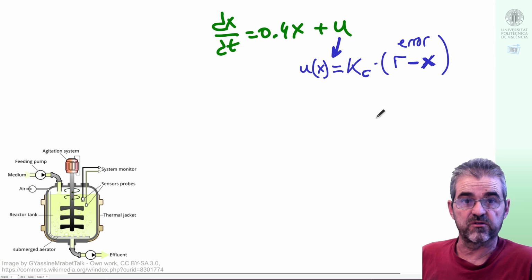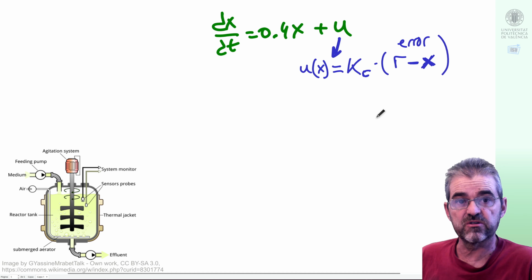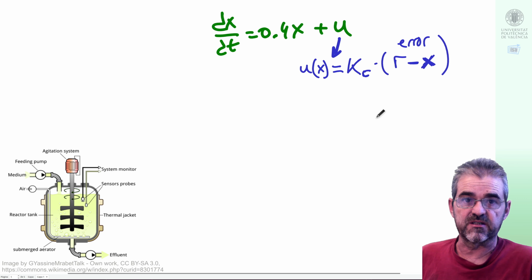Then of course, in order to implement that, I need some instrumentation to sense, to measure the biomass population in my tank. I would need to measure, let's say, biomass concentration and total volume or weight or whatever, but we need technology to implement this.